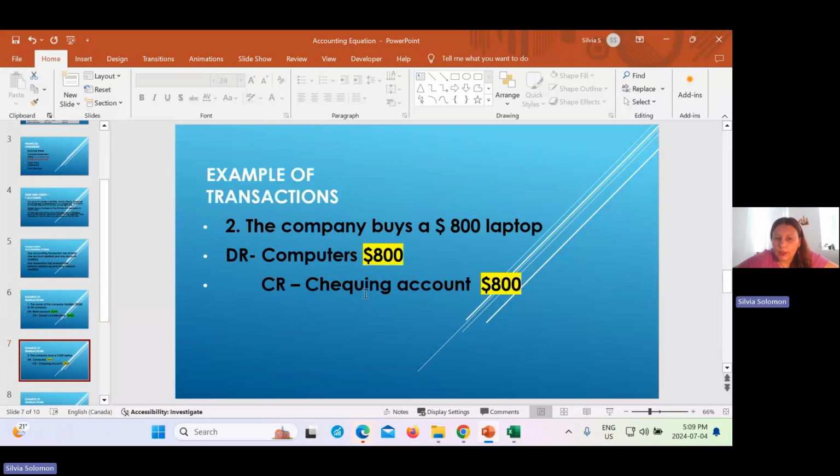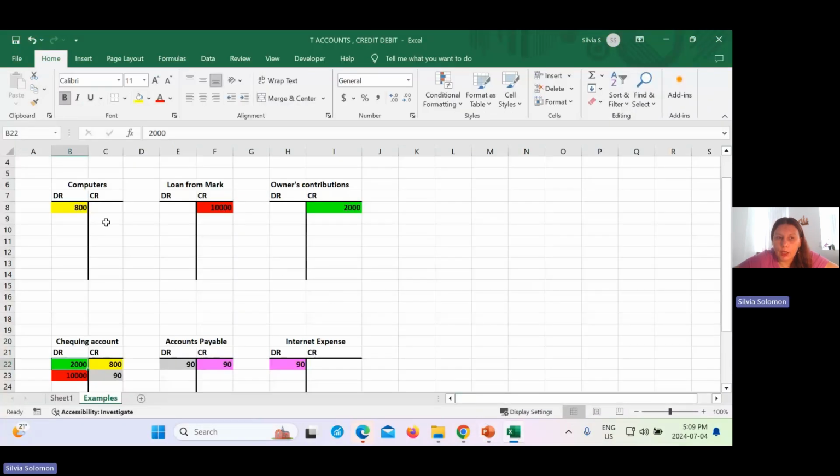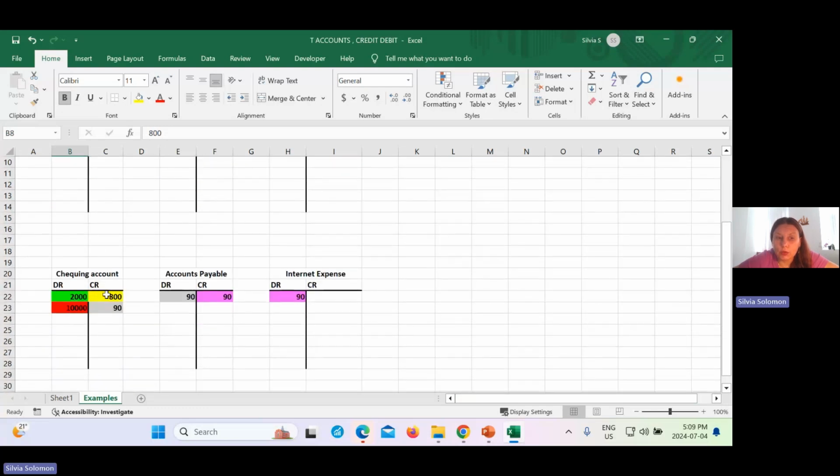So in this case, we have two assets, but we have a debit part and a credit part. Here we had the computers that were debited, it's an asset. Then we have to credit something, and we need to credit, in our case, the checking account.